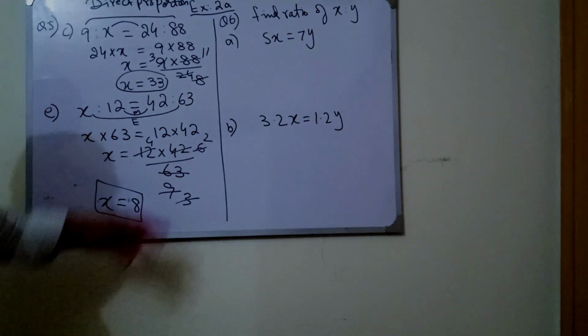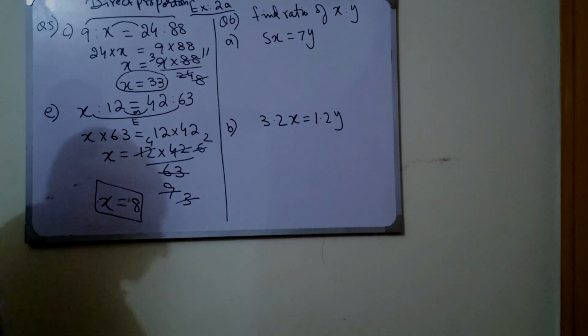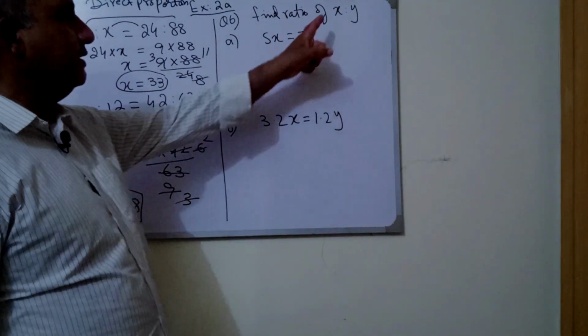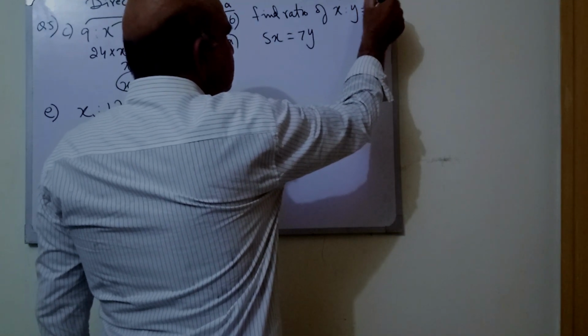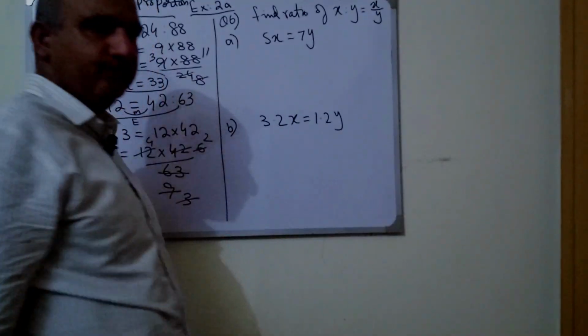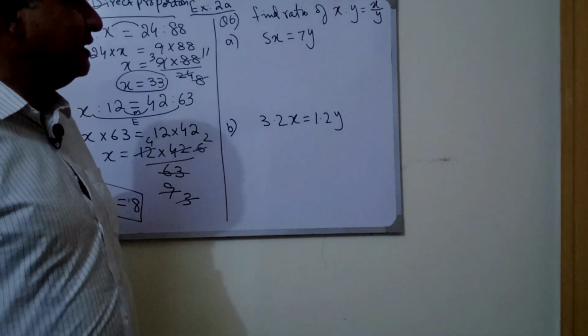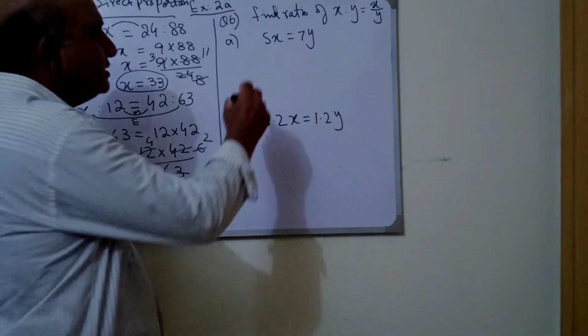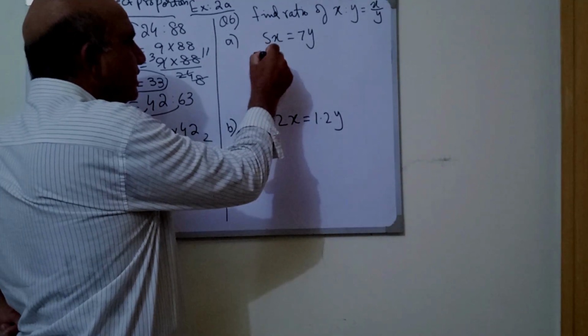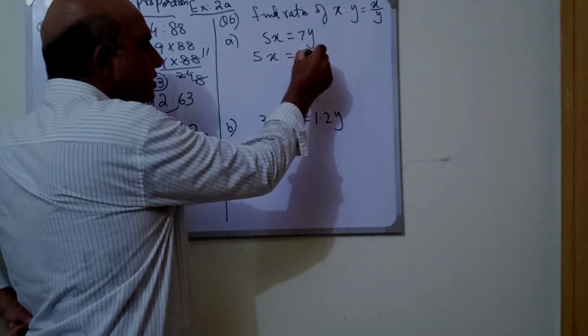Now, in question number 6, students, we have to write x ratio y. This means we can write it as x over y. Now you will see that here 5x is equal to 7y.